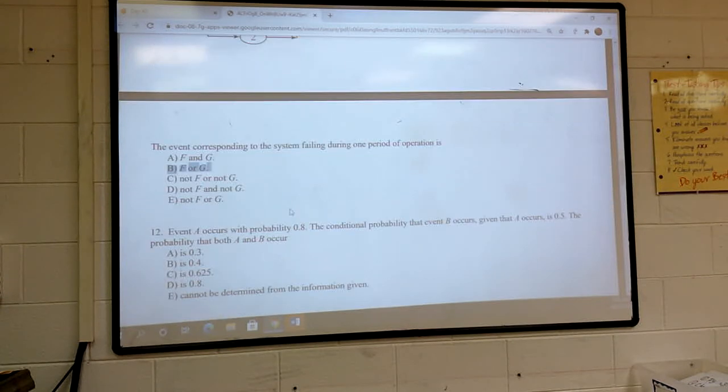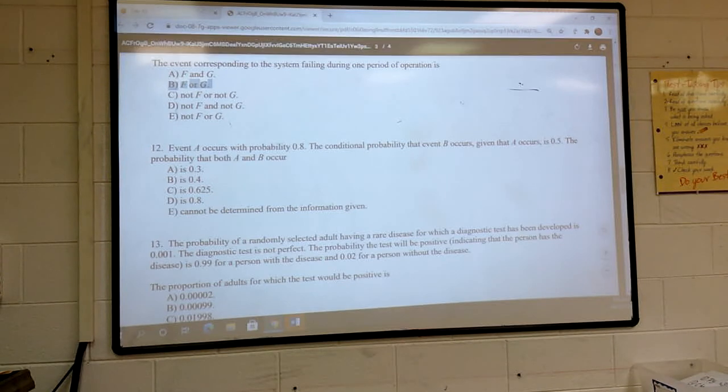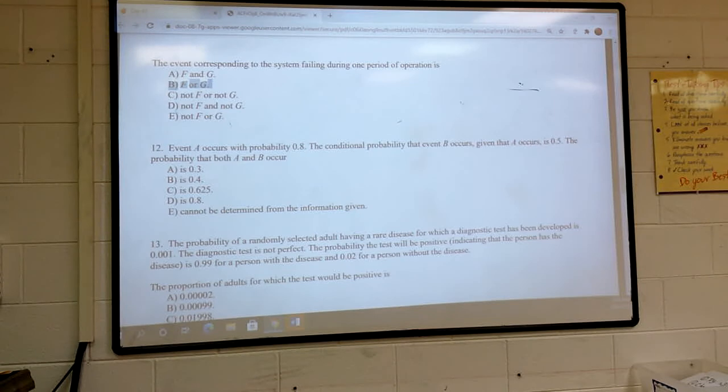Now, event A occurs with a probability of 0.8. The conditional probability that event B occurs given A is 0.5. We want the probability that they both occur. So what I want to give you here is, in AP Stats, there is a formula sheet.